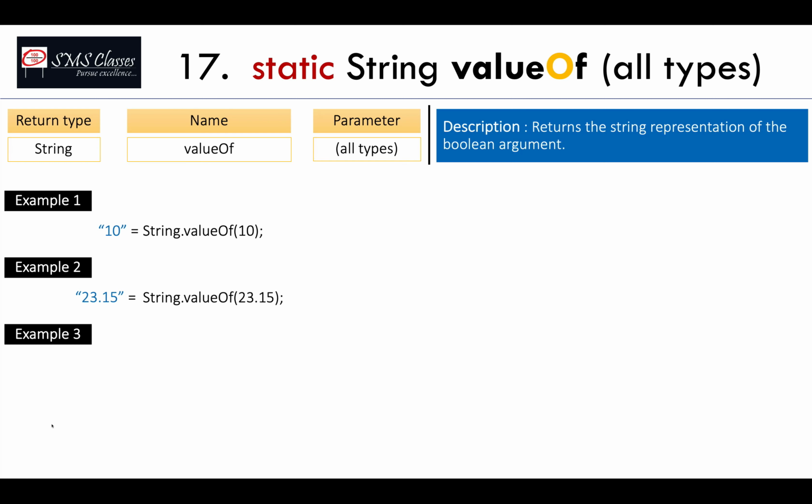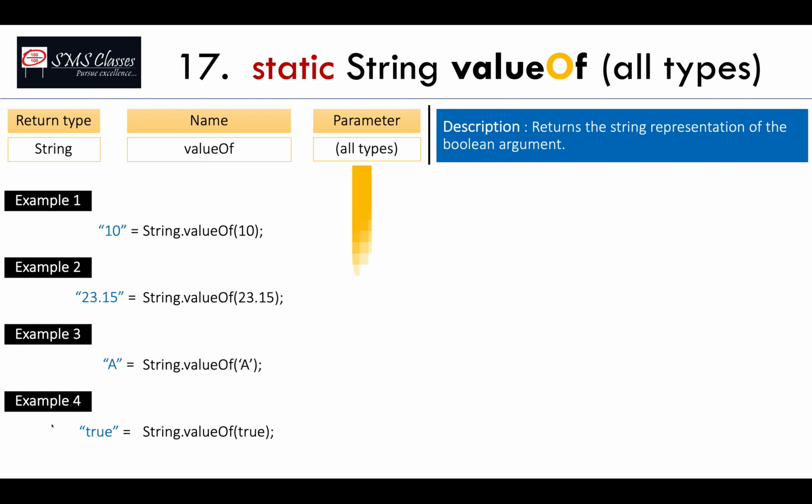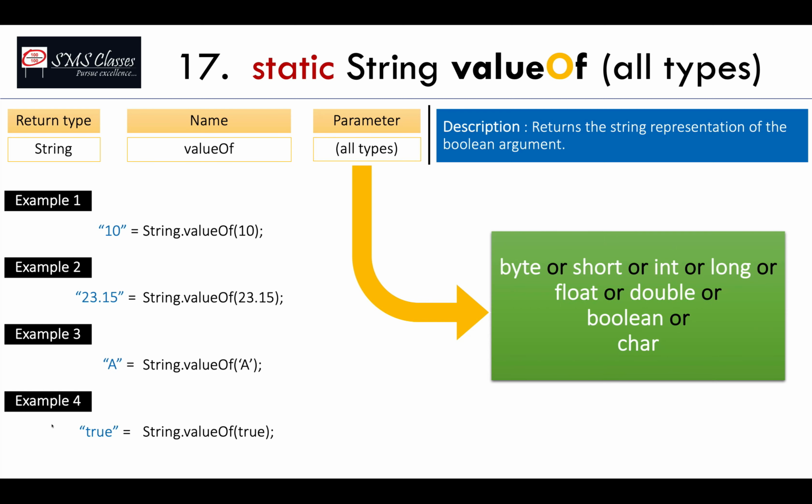So whatever normal data type you give, it returns that as a string. So single quote A becomes double quotes A, and even a boolean true becomes double quotes true. So all types means it can be byte, short, int, long, float, double, boolean, character, any data type. So all the 8 data types, valueOf supports.